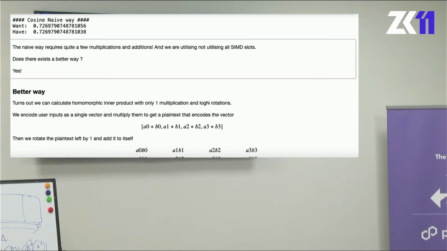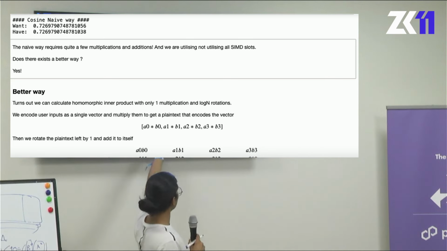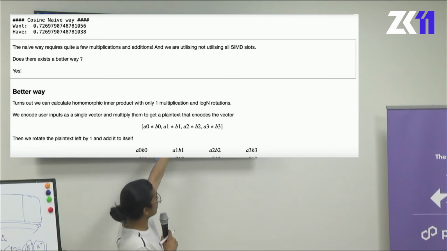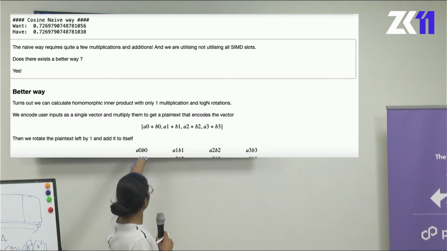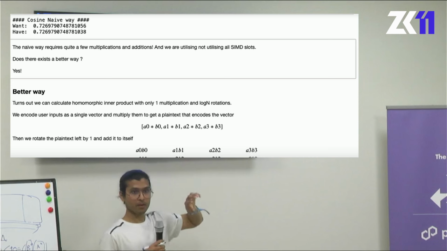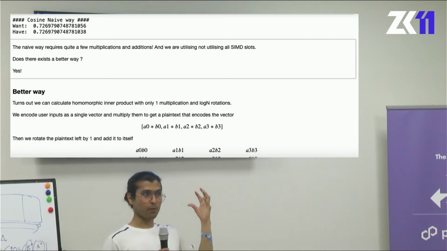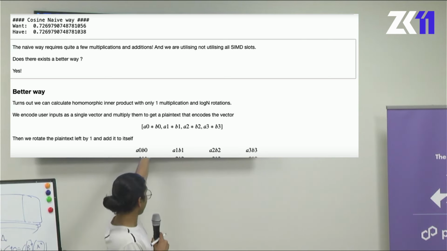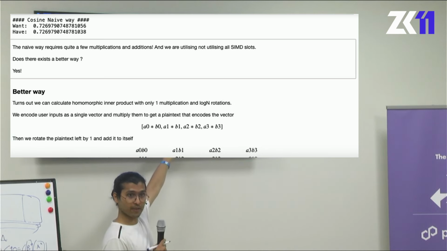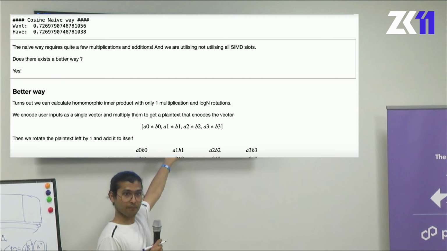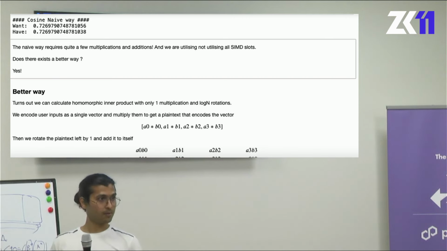These are two distributions, A0, A1, A2, A3, B0, B1, B2, B3. You encode them as SIMD and you multiply them. You get a plaintext that encrypts an element-wise multiplication of these values. Okay? Make sense?